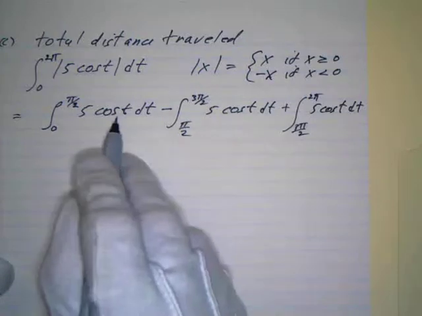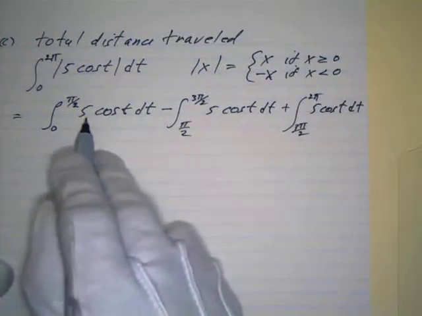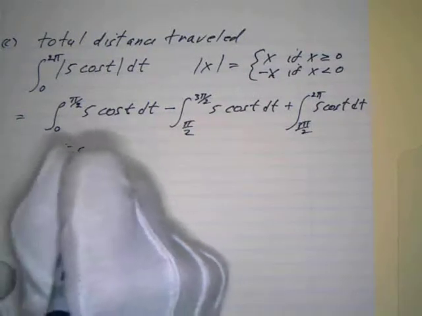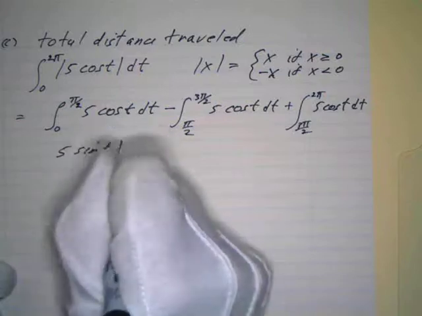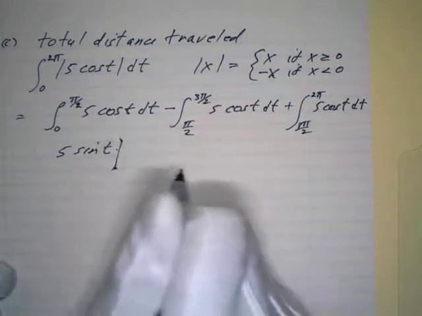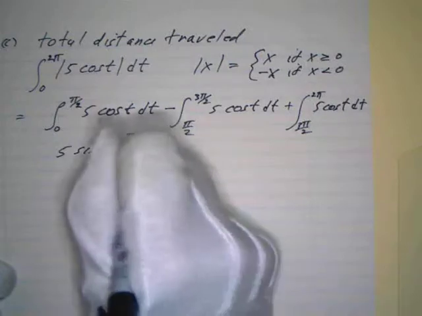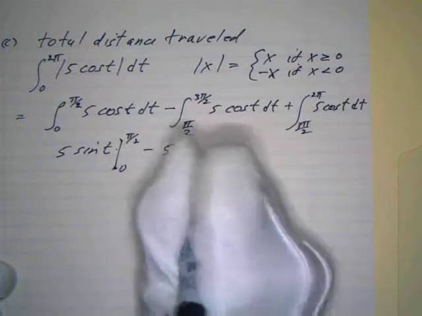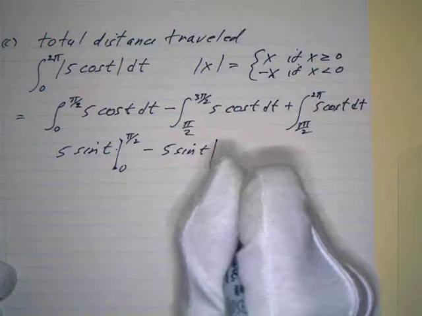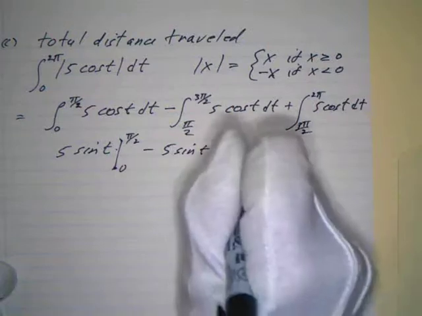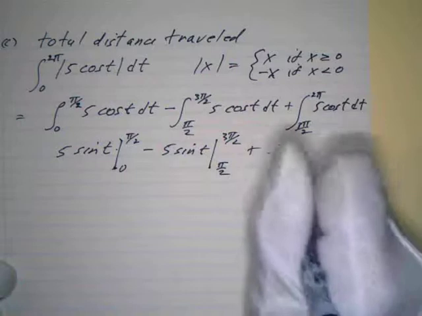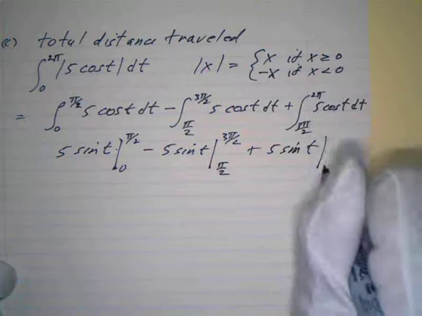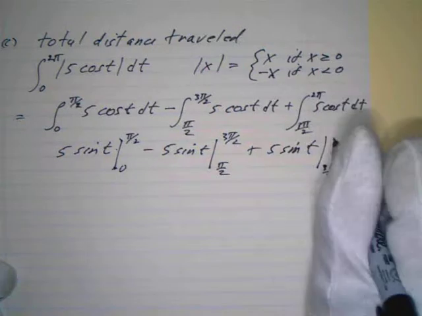And remember, the antiderivative of cosine is just sine. We've got a constant there, so we're just going to be evaluating this. This would be 5 sine t evaluated from 0 to pi over 2, then minus 5 sine t evaluated from pi over 2 to 3 pi over 2, and then plus 5 sine t from 3 pi over 2 to 2 pi.